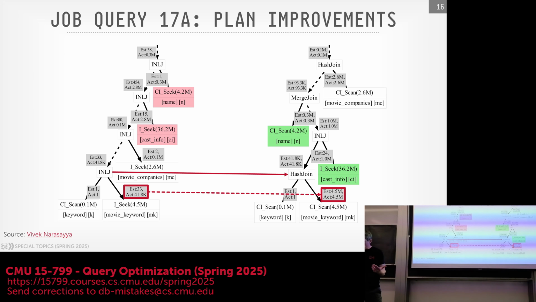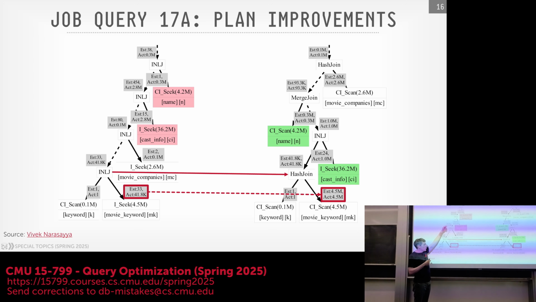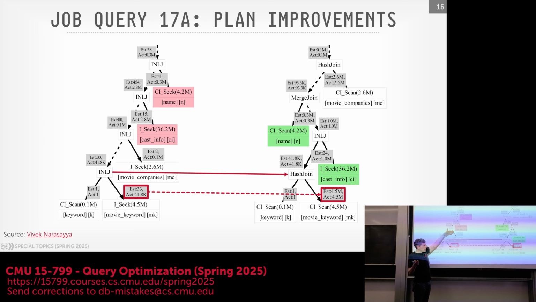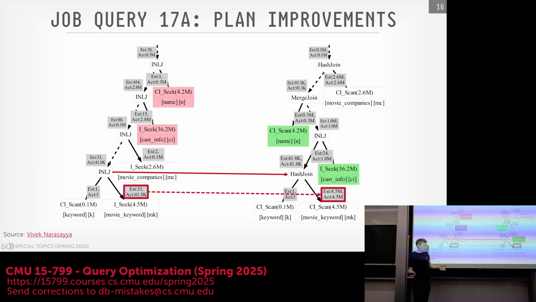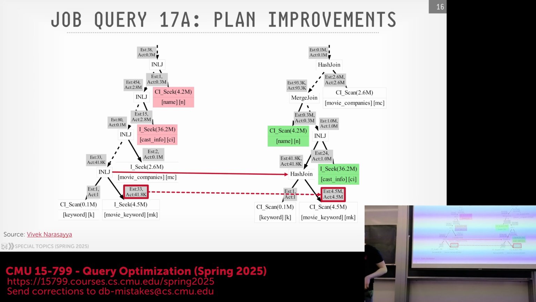So that's what's going on. SQL Server, now with better statistics, is able to switch from an index seek, or index probe, to either a sequential scan or an index scan on a clustered index. And that's why this query is getting faster.